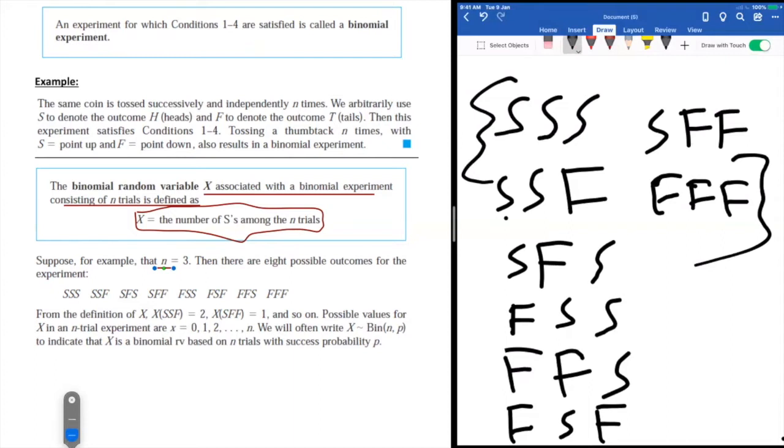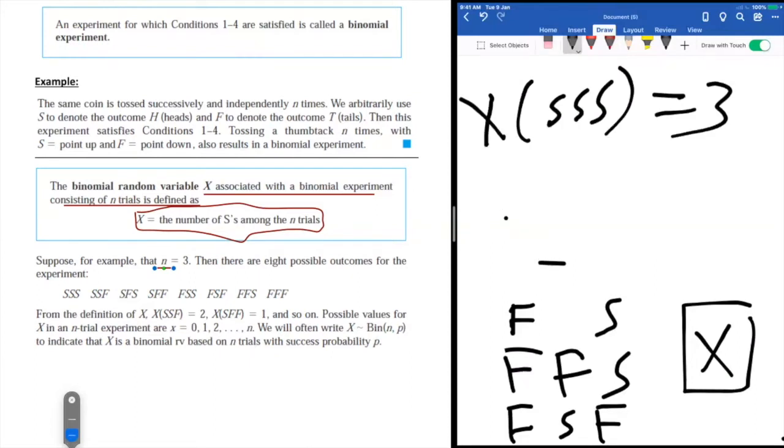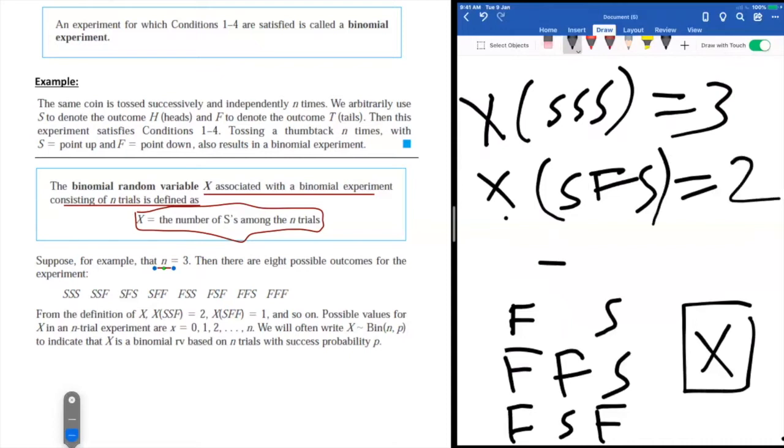Now, from the definition of capital X, that means number of successes. Since there are three successes, X of SSS is equal to 3, X of SFS is equal to 2, X of FFF is equal to 0, since there is no success.